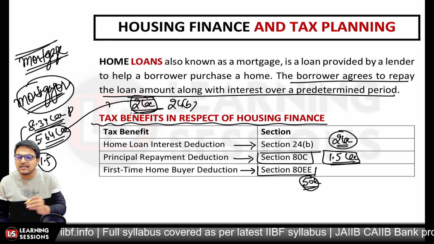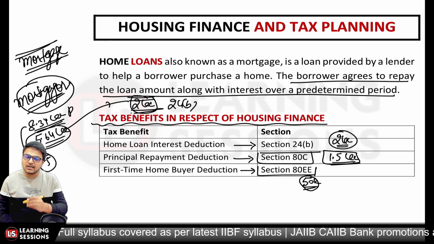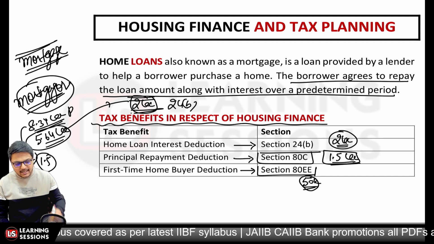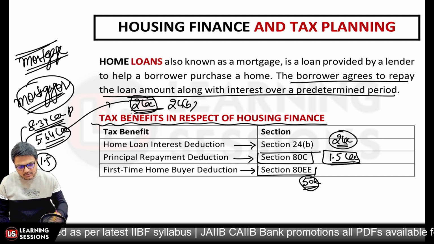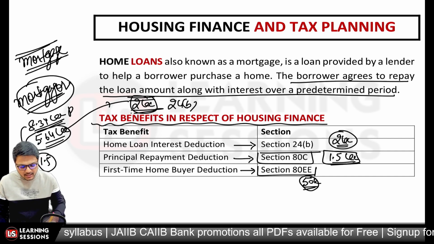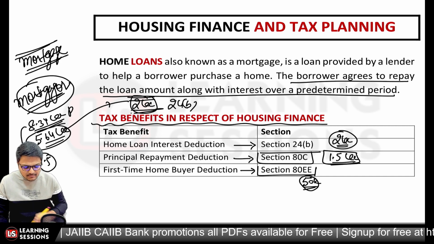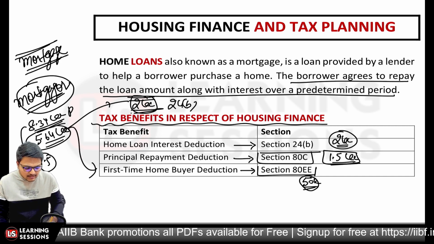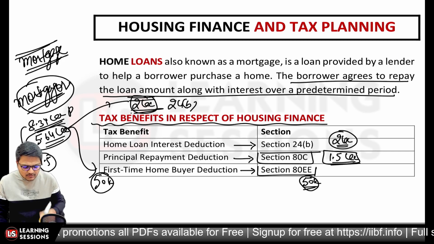If you are not residing, then there is no upper limit for the deduction. You can take the whole amount. If you are residing in the premises, you can take 2 lakh for the interest component under 24B, and over and above, if you are a first-time home buyer, you can take 50,000 rupees extra.